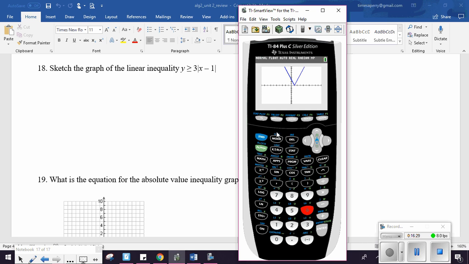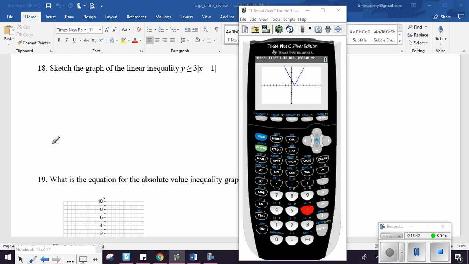I know we adjusted our windows when we did our scatter plot, but if you want to go back to the regular window you're familiar with, just hit zoom standard. So there's our absolute value. It's pointing upwards.